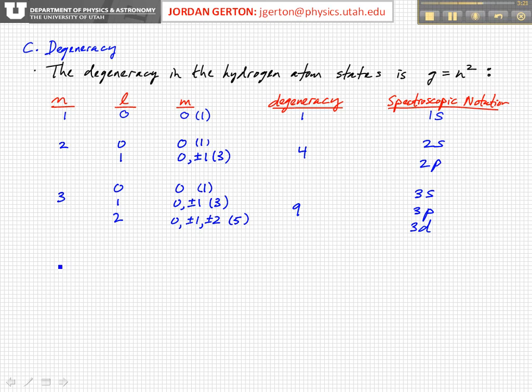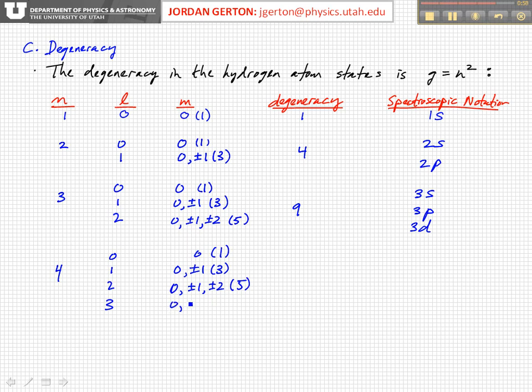Now if we go to n equals 4, we can have L equals 0, 1, 2, or 3. Again for L equals 0, we can have only M equals 0, so that's one state. For L equals 1, we can have 0 plus or minus 1, that's 3. For L equals 2, 0 plus or minus 1 plus or minus 2, that's 5.